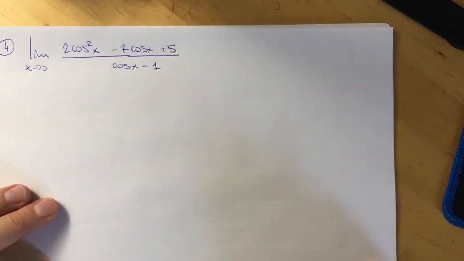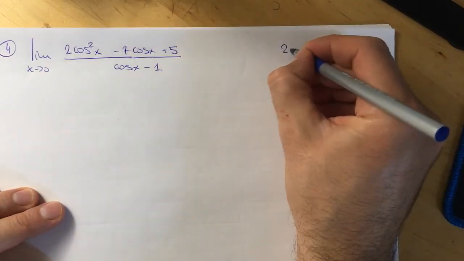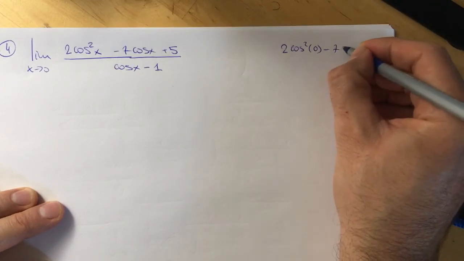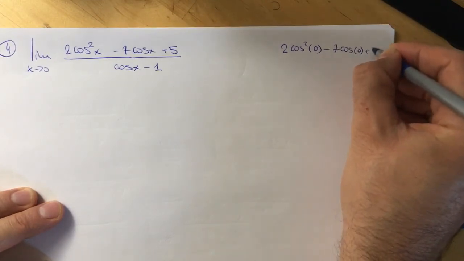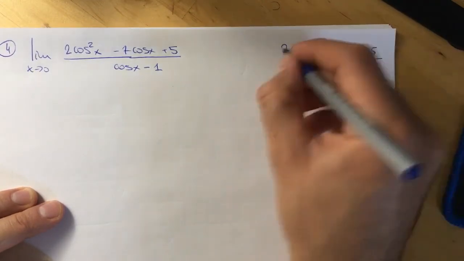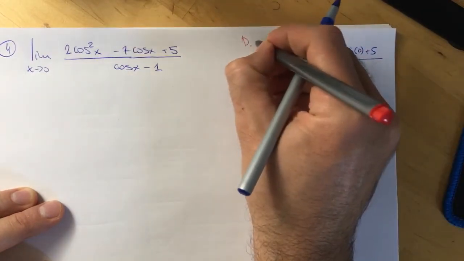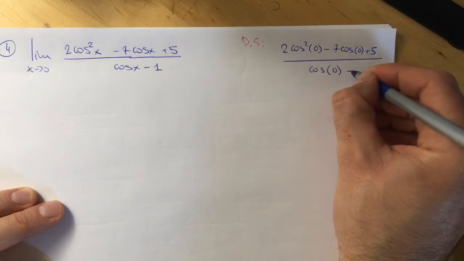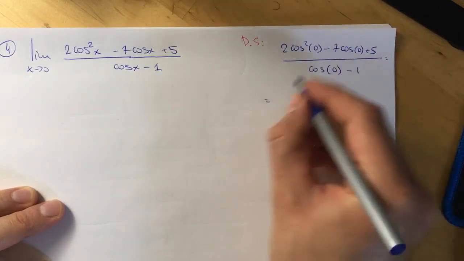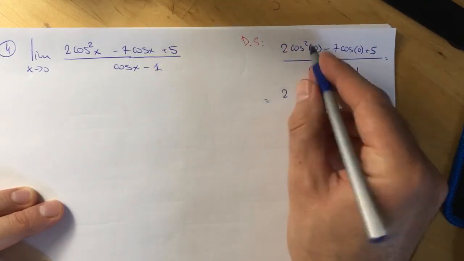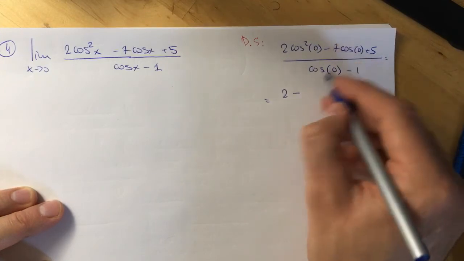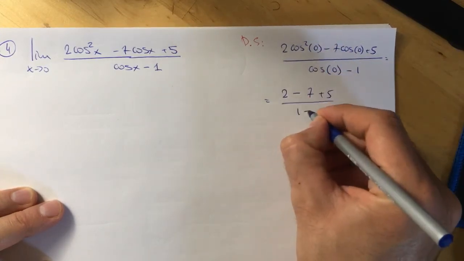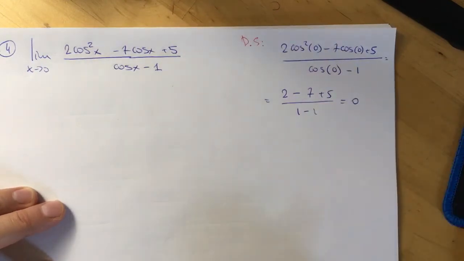So if you use direct substitution, you get 2 times cosine squared of 0 minus 7 times cosine of 0 plus 5 over cosine of 0 minus 1. Now cosine of 0 is 1, so that's 1 squared is 1. Cosine of 0 is 1 times 7 is 7 plus 5 over 1 minus 1 is equal to 0.